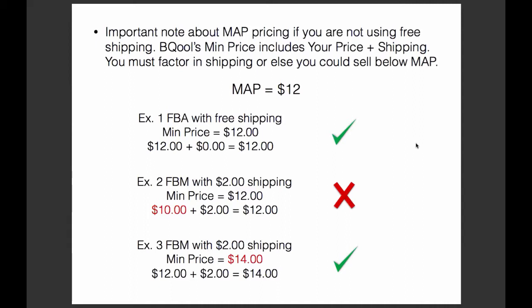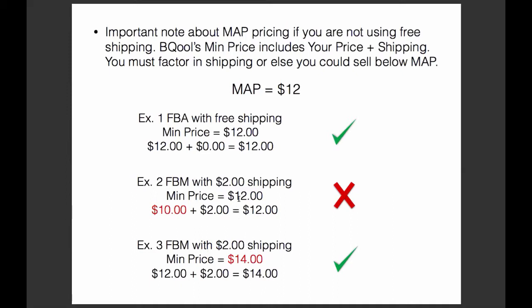You need to add that into the min price that you set, because the min price and max price in BQool also include shipping. So it includes your price and it also includes shipping. To satisfy a MAP of $12 with $2 shipping, you need to set your min price at 14.